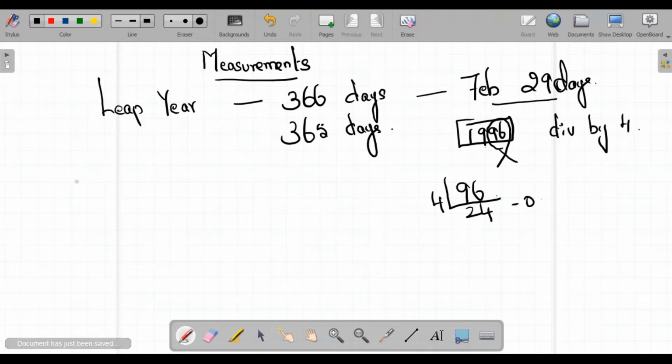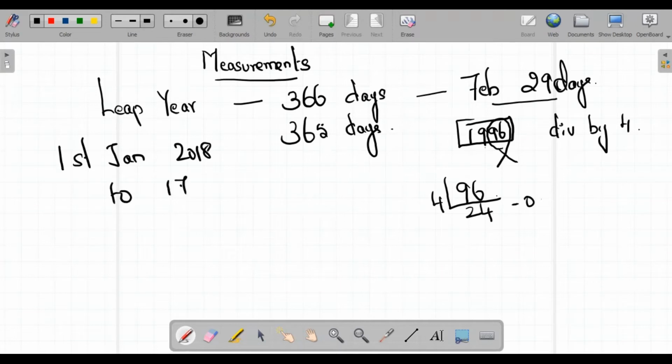Let us calculate the number of days between, say, 1st January 2018 to 17th June 2018. I want to find out how many days are over between 1st Jan 2018 and 17th June 2018. Since this is 1st Jan, we can count. January has 31 days.